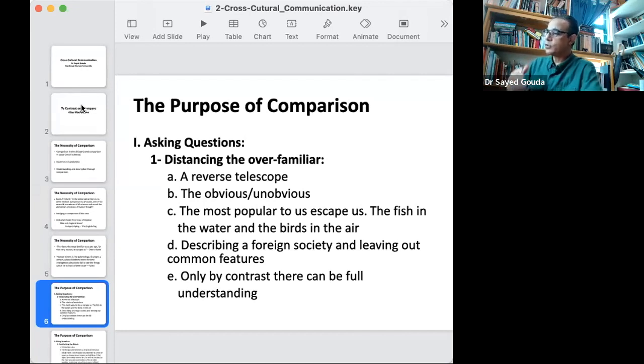Okay, we always notice the unfamiliar when we leave our country. So only by contrast there can be full understanding. Contrasting things A and B through this comparison and contrasting, there can be full understanding.